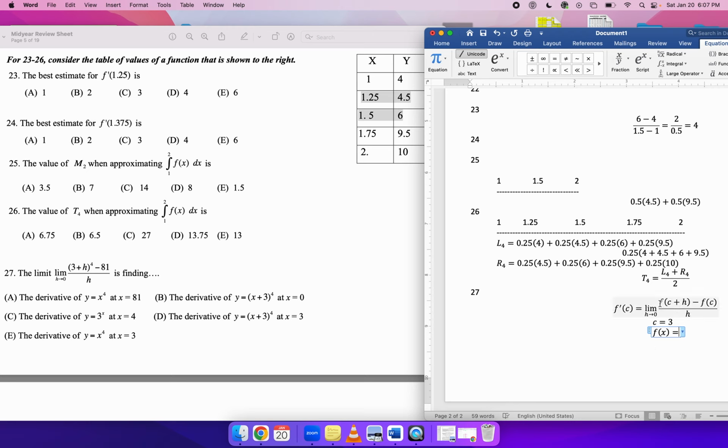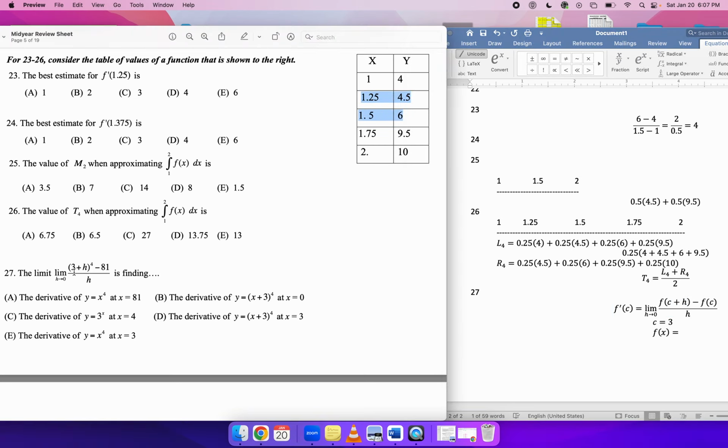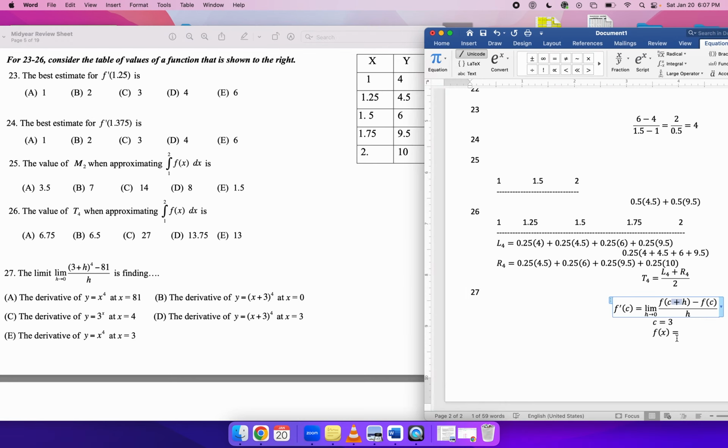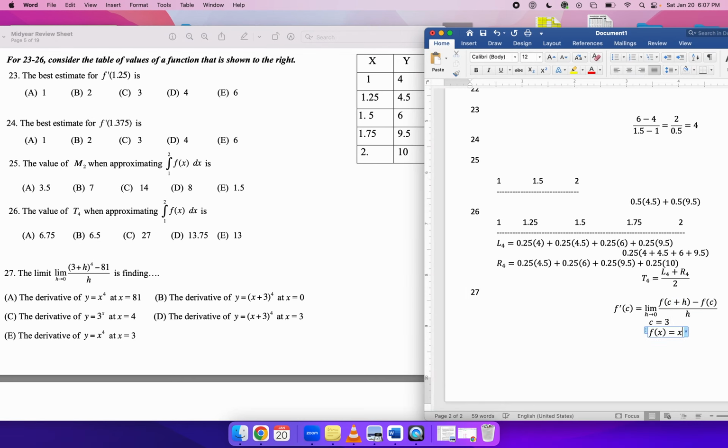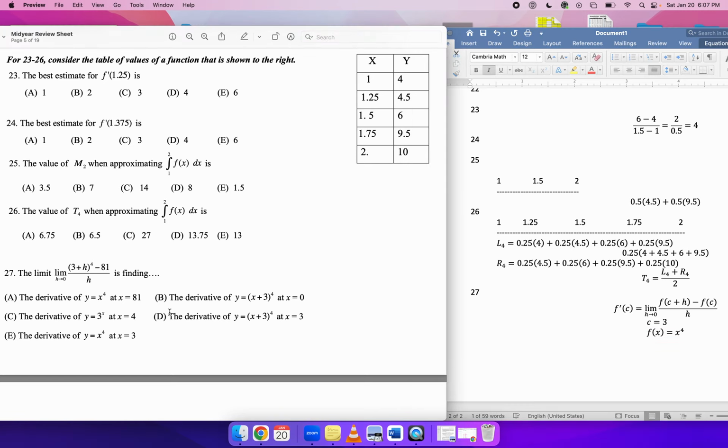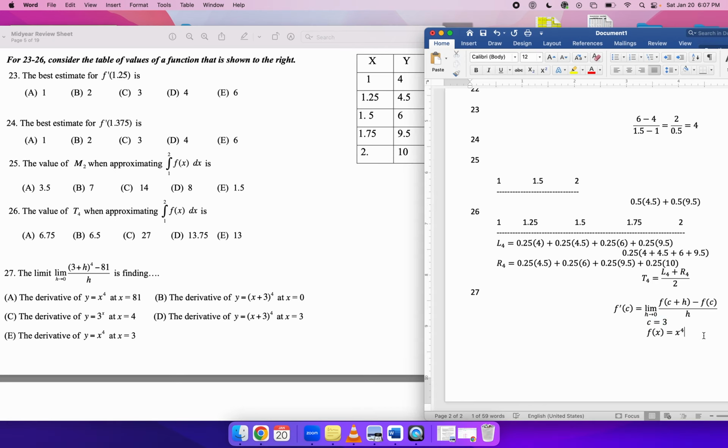Well, the function is the function that's being applied to c plus h. So what function is being applied to 3 plus h? Well, it's x to the 4th, right? So this thing is computing the derivative of this function at this point. The problem doesn't actually ask you to find this limit, but if you wanted to actually find the limit, you would just take the derivative of this function and plug in 3.